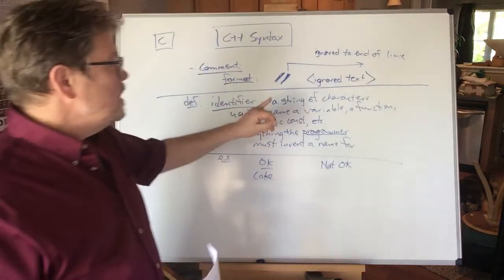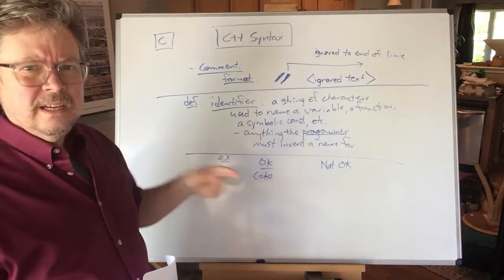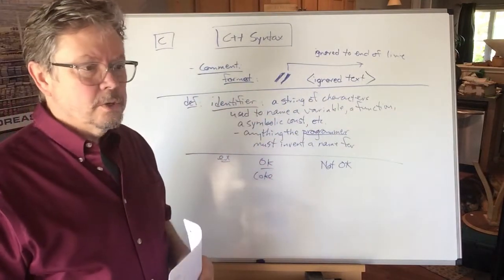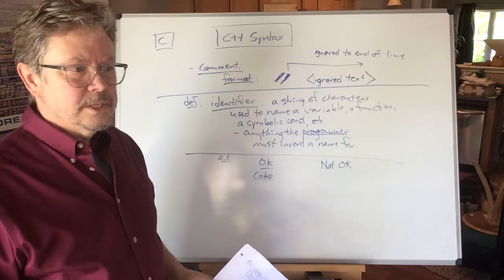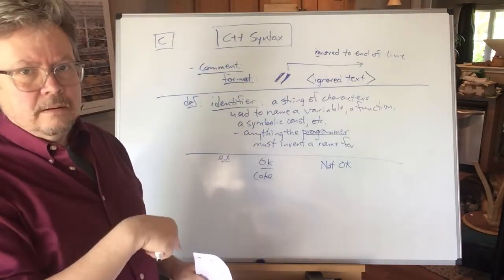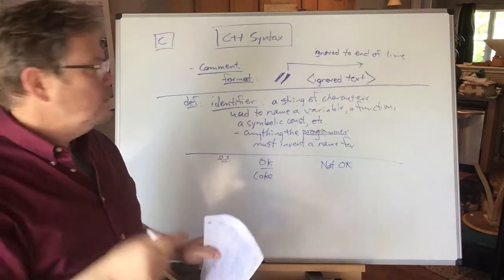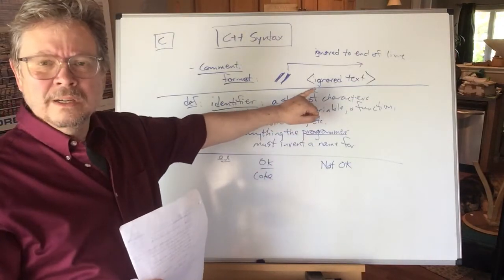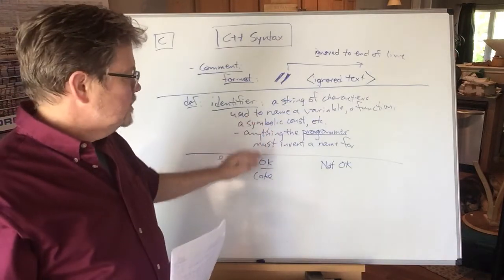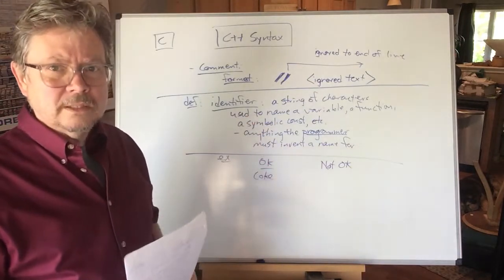Now, a string of characters. I didn't define that, did I? A string just means a sequence. They're all stuck to each other. Characters, you can think of a character as the symbol that you get when you poke the keyboard. Capital A is a character. The question mark. Ooh, mysterious. That's a character. The minus sign, the space even. Now, we can't use spaces in variable names. They've got to all be stuck together.